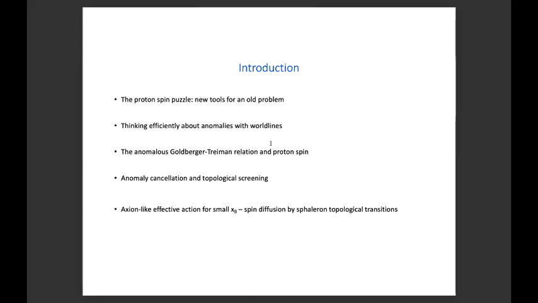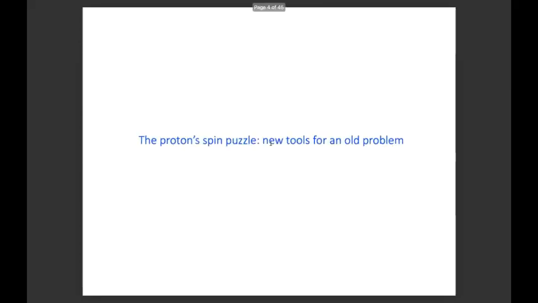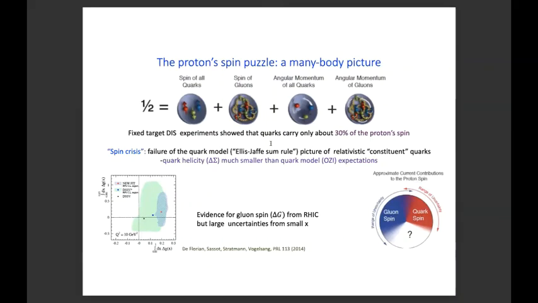And finally, I'll talk about what happens at really high energies in this problem, where the physics can be described by an axion-like effective action. In particular, this exciting possibility that you can look for evidence for topological sphaleron transitions, which diffuse the spin of the polarized protons. Okay, so that's my introduction.